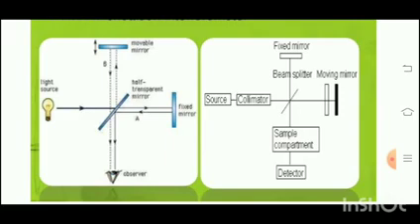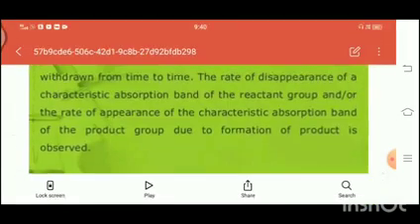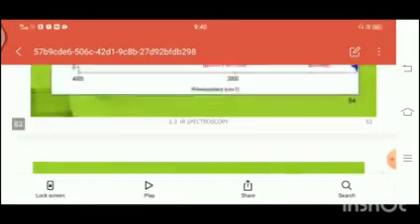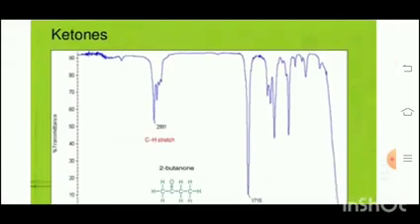The radiation coming out of the sample passes to the detector, and the detector detects the radiation signal and converts it into a voltage signal, which is recorded as a spectrum. So this is the basic instrumentation of the IR spectrophotometer.